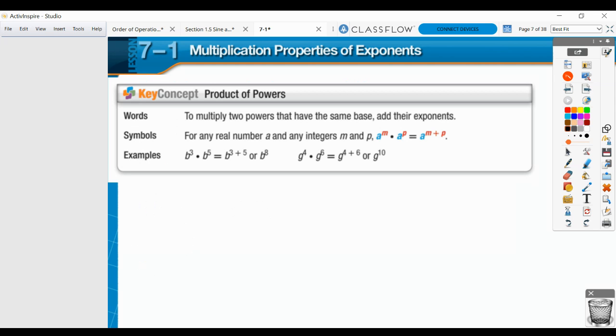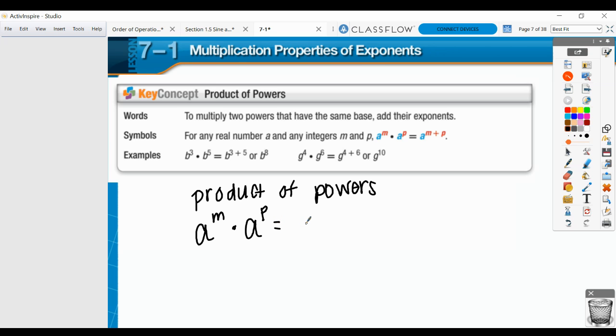Okay, this is the first property that we need to remember. This is called the product of powers. And this is something that you're going to want to write down and remember. So the definition is if there's a letter raised to a power times the same variable raised to another power, then what you do is you add the exponents together.